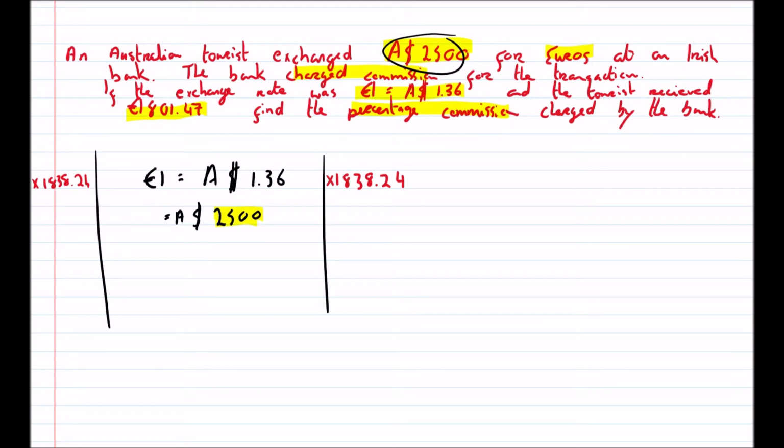If I multiply €1 by 1838.24, I will get 1,838 euros 24 cents. Okay, so that's how much money I should get. That's how many euros I should get when I transfer $2,500.